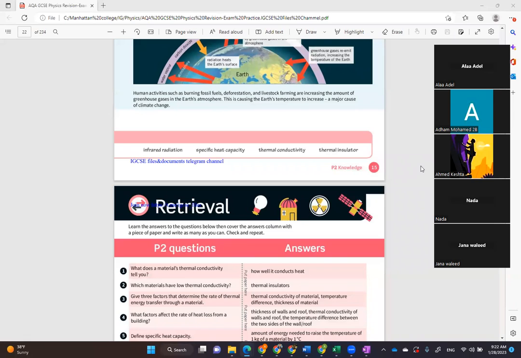Okay, Salma, send your answer in private chat, not for everyone. This is the amount of heat required to raise the temperature. You have to specify how many Celsius and for how many kilograms. It's called the specific heat capacity. So you have to specify the amount of energy or heat and the amount of kilogram used.